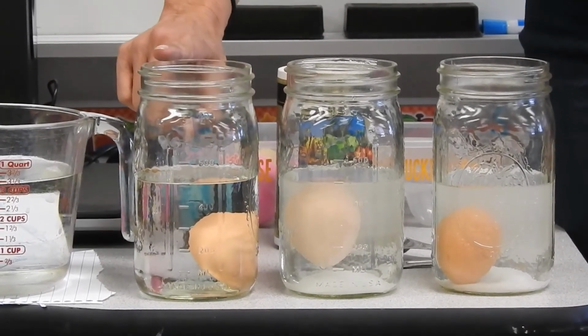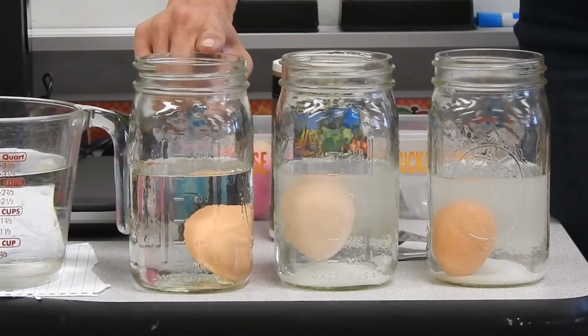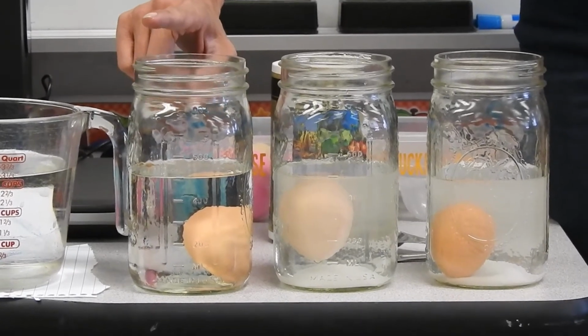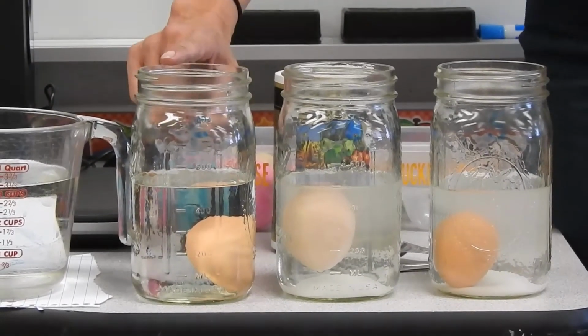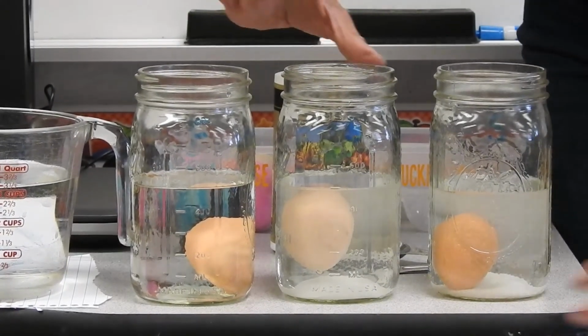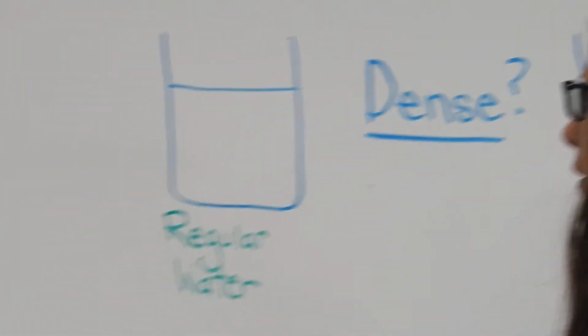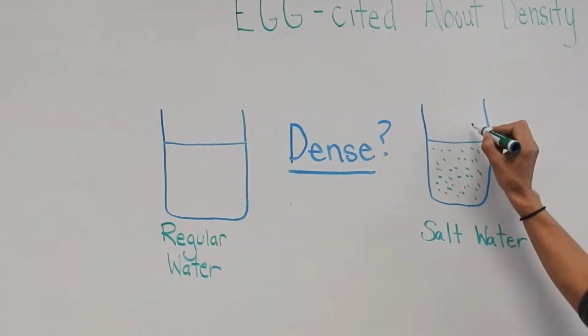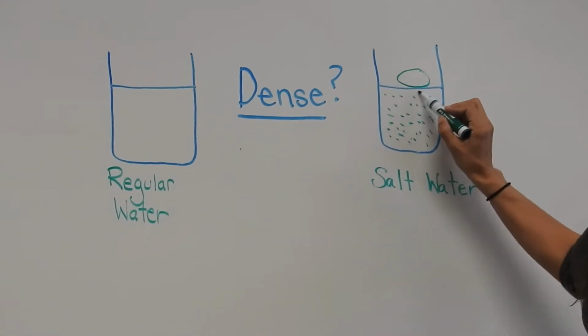So when the density of an object is lower than the density of the water it's placed in, it will float. So since the salt water is denser, the egg is lower, so it can float.